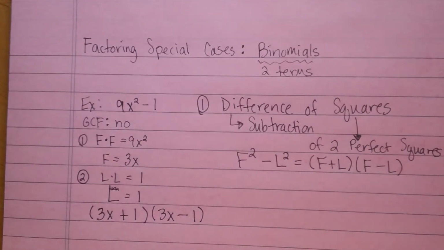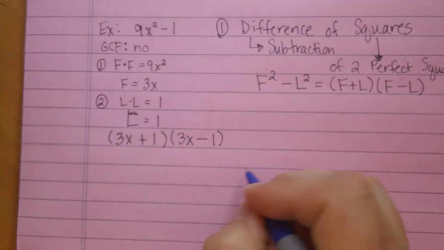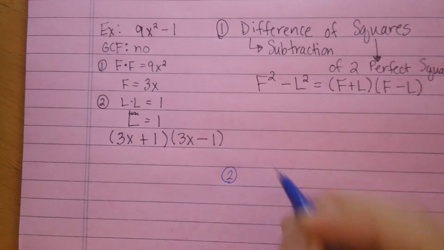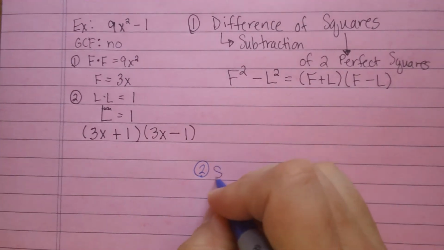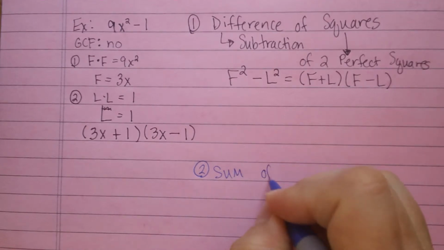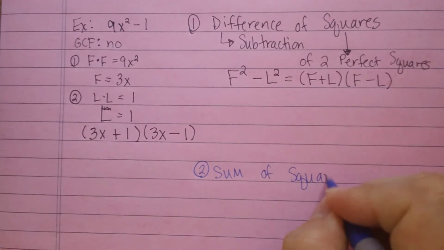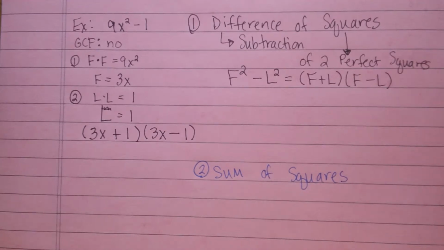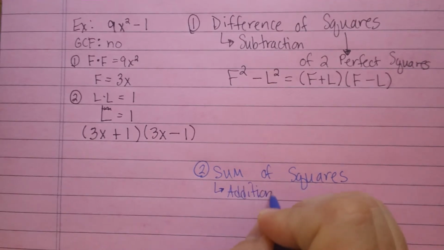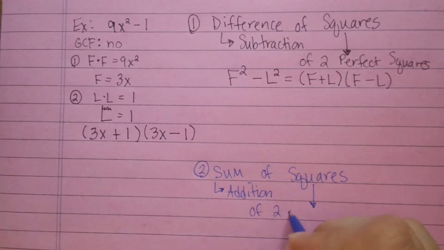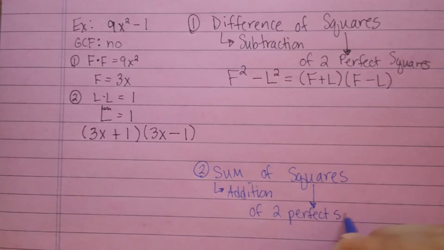Let's look at our second special case. The second special case is one that's not often taught, and it is going to be the sum of squares. In a sum of squares problem, you're going to notice that you have addition of squares, so the addition of two perfect squares.